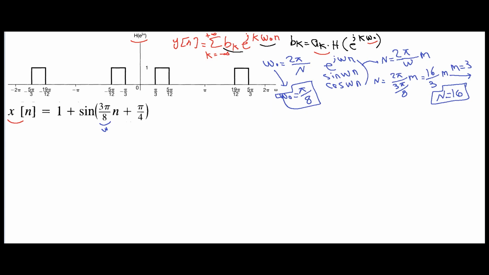Now, to solve the problem, we need to express x[n] in Fourier series form. Now we rewrite the signal. The constant term 1 can be written as e^(j·0·π/8·n).